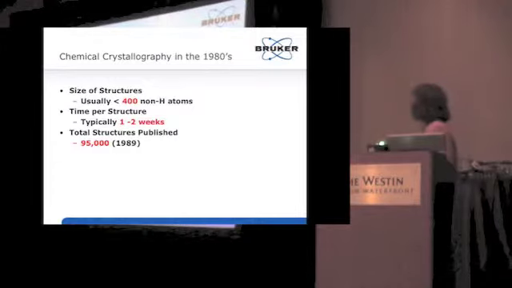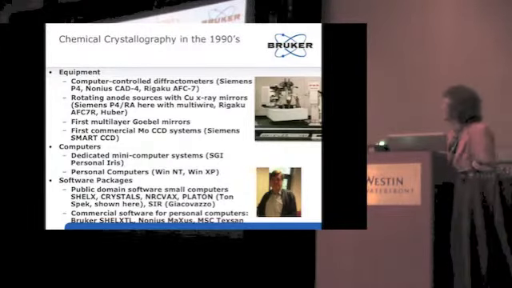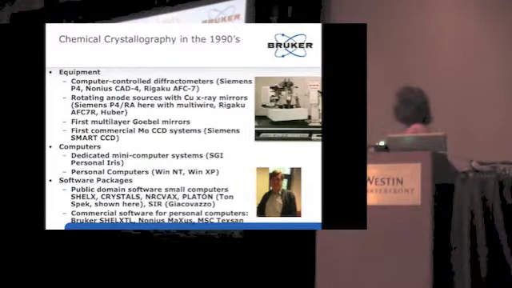By the end of the 80s, we're up to 400 non-hydrogen atoms, and I remember being able to do those in the least squares refinement, 1 or 2 weeks per structure, and almost 100,000 structures in the database. By the 90s, people were really trying to push for smaller crystals, weakly diffracting crystals, and typically using the point detector diffractometers in the chemical world, but putting them on rotating anode sources, moly or copper.